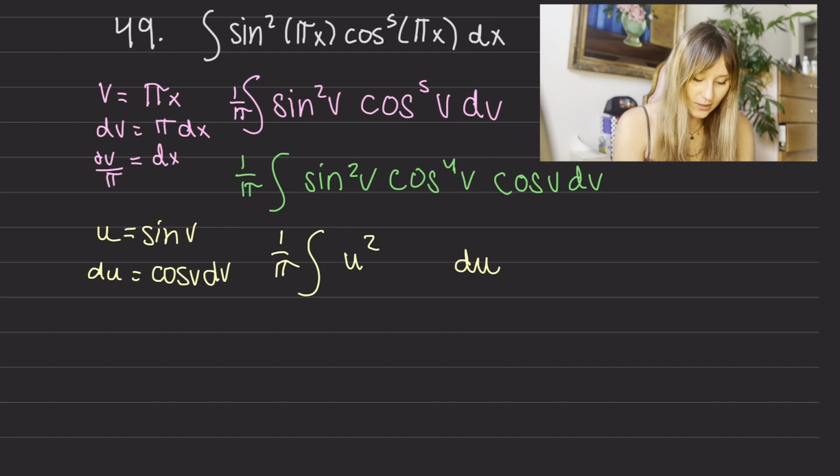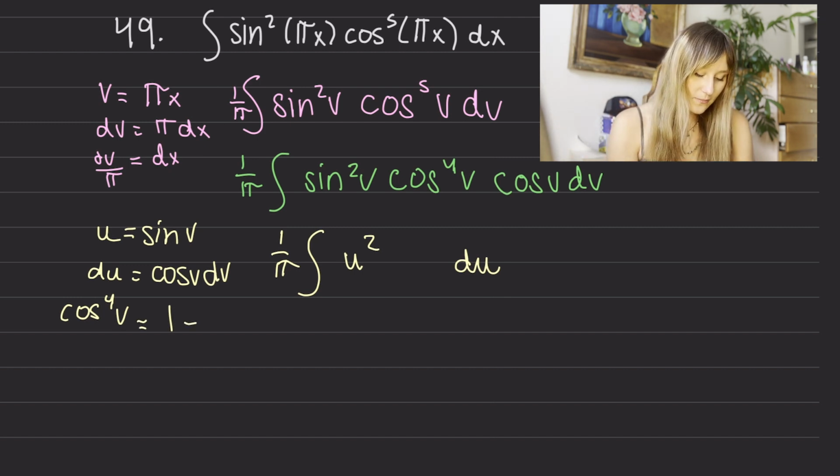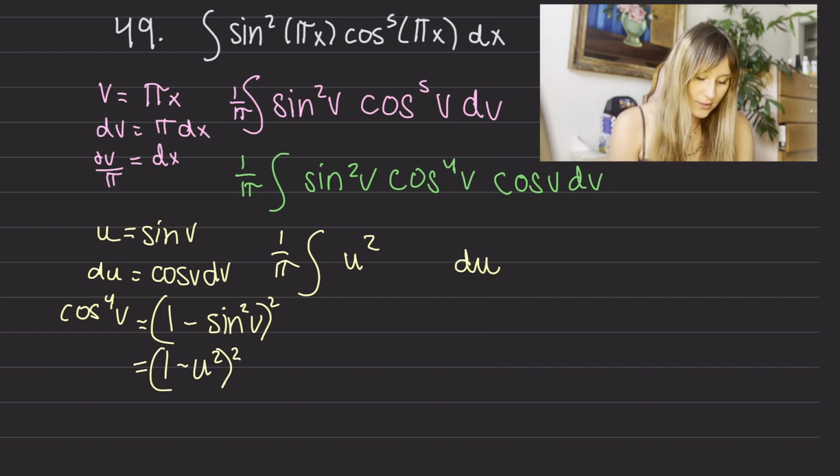The sine is going to be u squared. I have to figure out what this cosine to the 4th of v is going to be in terms of u. So that's going to be 1 minus sine squared v to the 2nd power. So then that is going to be 1 minus u squared squared.